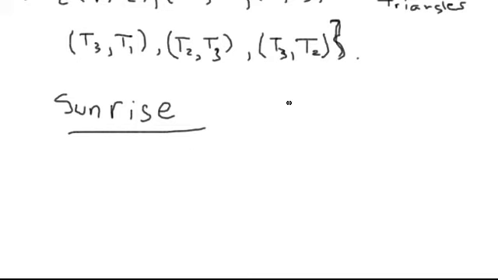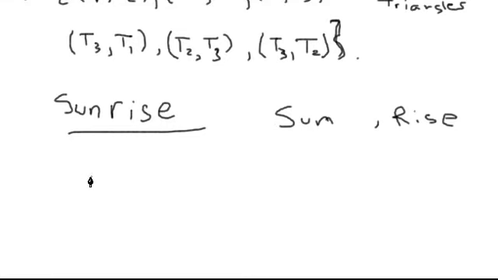Okay, so that's a compound word. Let's break it up: sun and then rise. Sun is related to rise if you can put them together and make a word, right? But rise is not related to sun, so this doesn't have the reflexive property. Sun is related to rise.